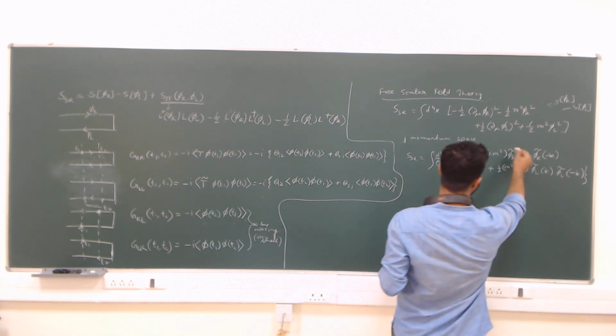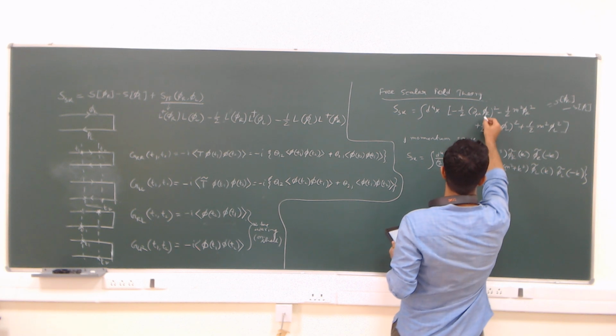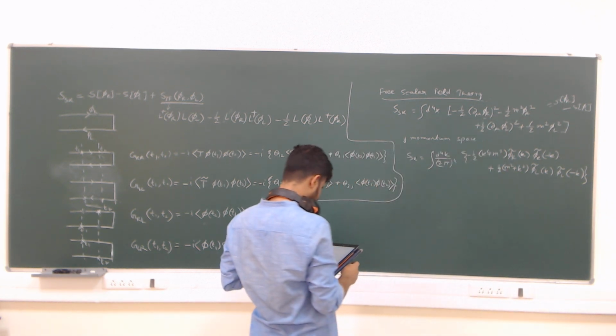Fourier transform. So these tildes are again the Fourier transform versions of these fields in R space.